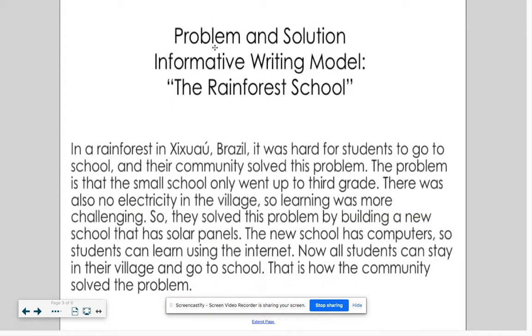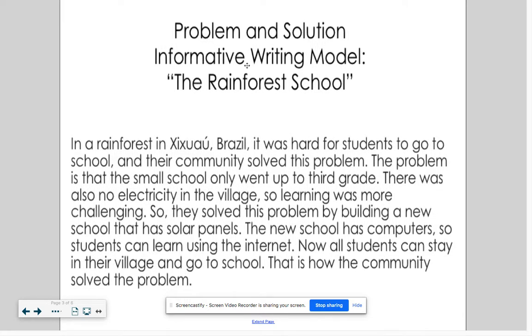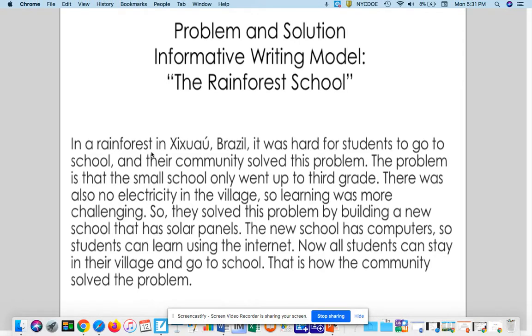Problem and solution, informative writing model, the Rainforest School. In a rainforest in Exao, Brazil, it was hard for students to go to school, and their community solved this problem. The problem is that the small school only went up to third grade.